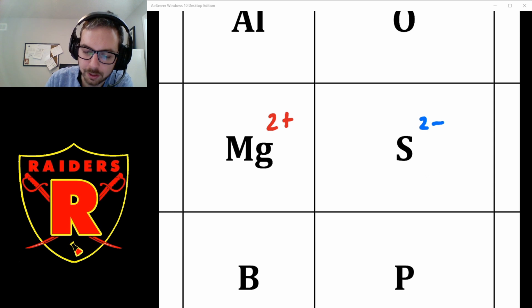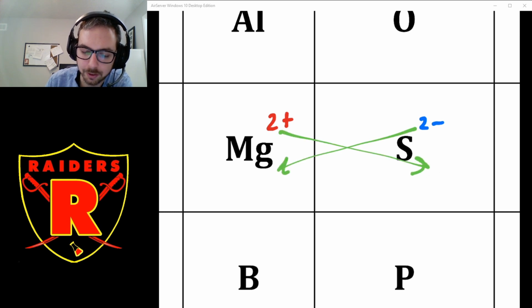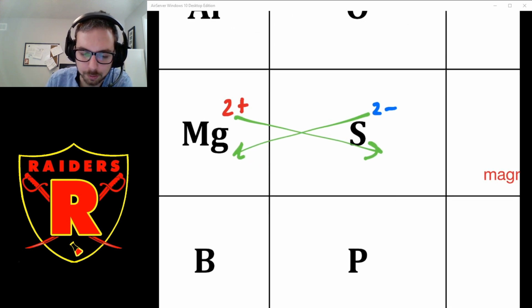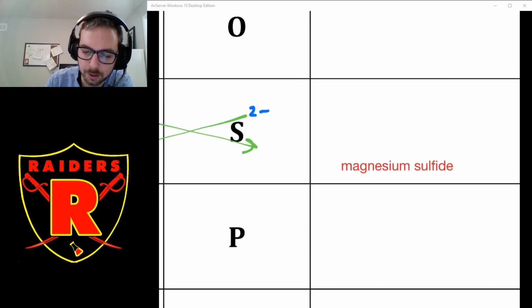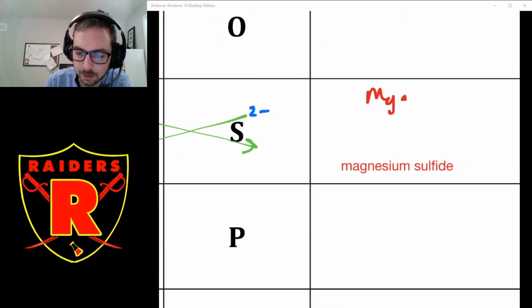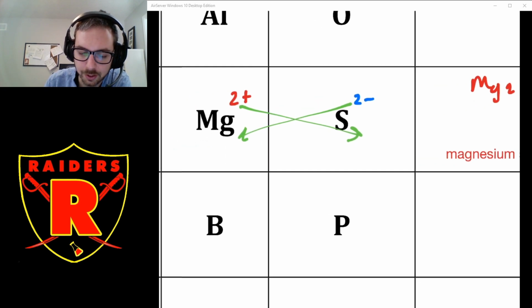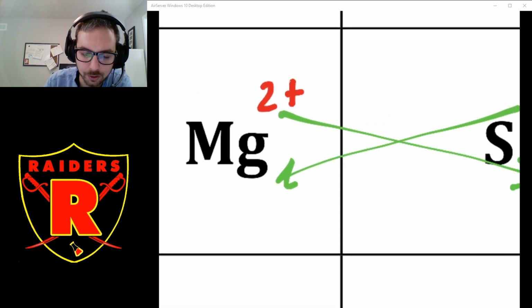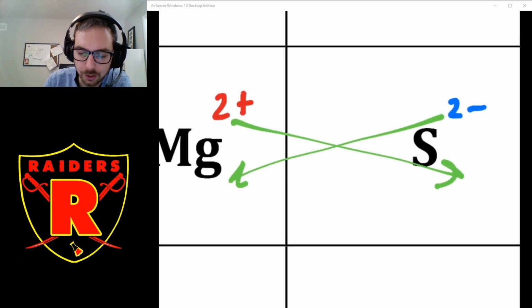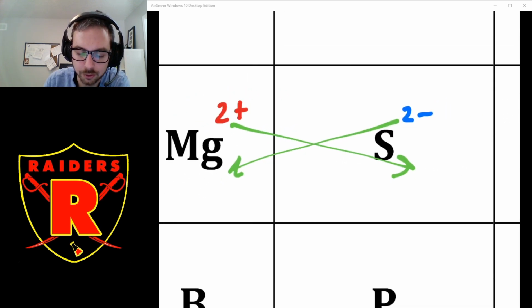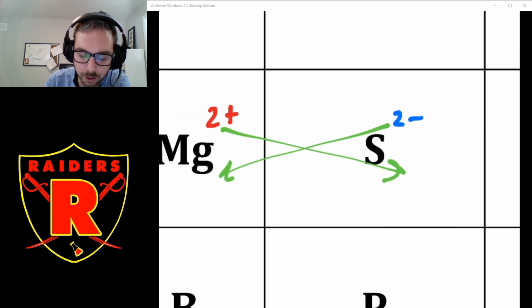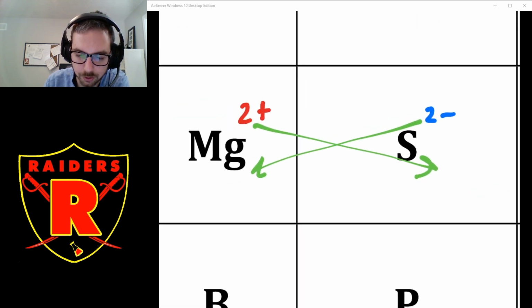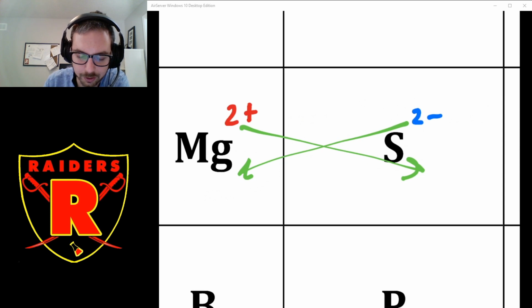So now if you bring the 2 down here and the 2 down here, you might think, okay, well, that's going to be Mg2S2. But there's a problem with that, and that is that if you have a 2+ and you have a 2-, you don't need 2 of each of them in order to get a charge of 0. You only actually need 1 of each of them, because 2+ and 2- already cancel each other out.